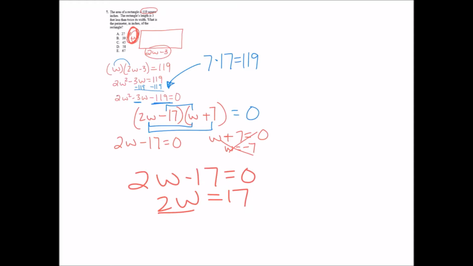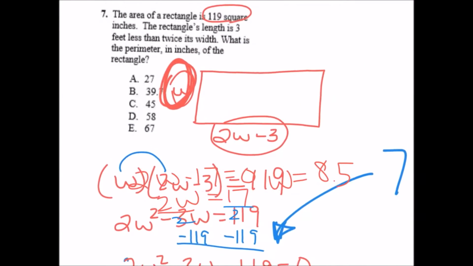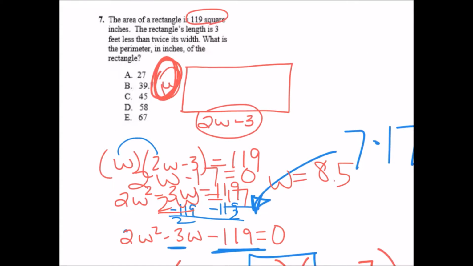Dividing both sides by 2, we get W equals 8.5. Once we know that W equals 8.5, again, the question they were asking is what is the perimeter in inches? So W equals 8.5, and then the length must equal 2 times W, or 17, minus 3.